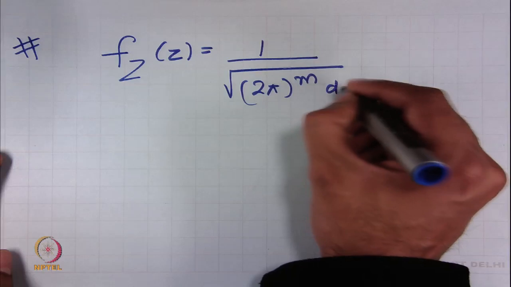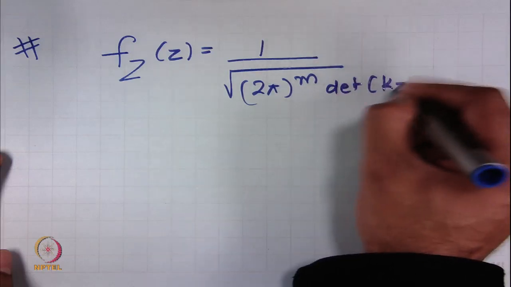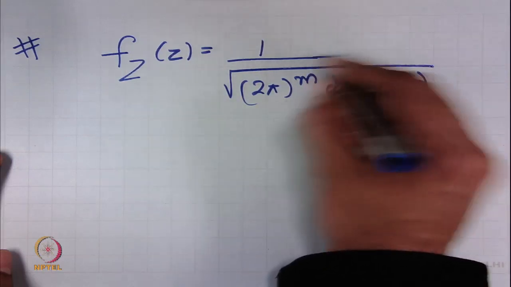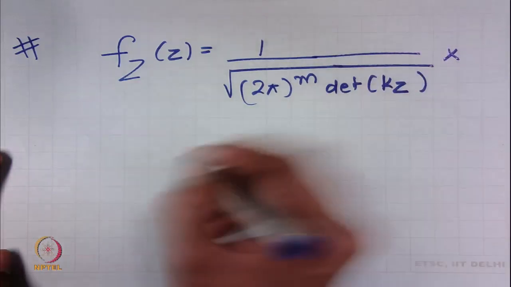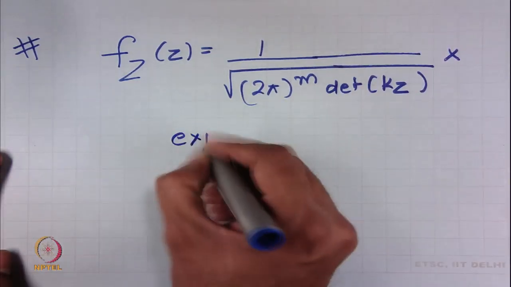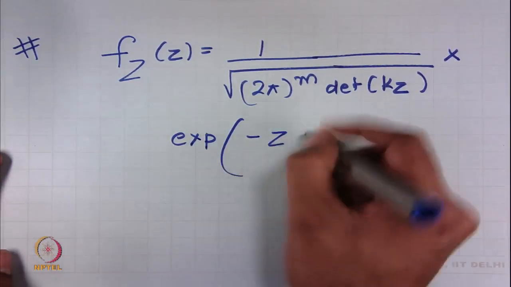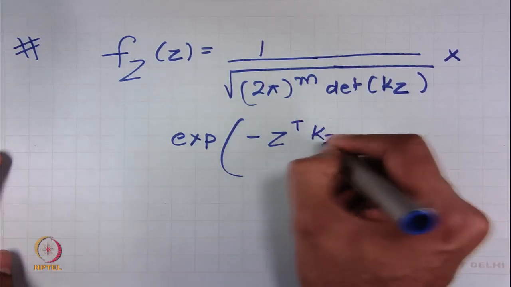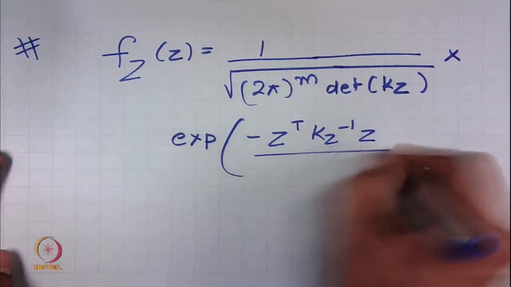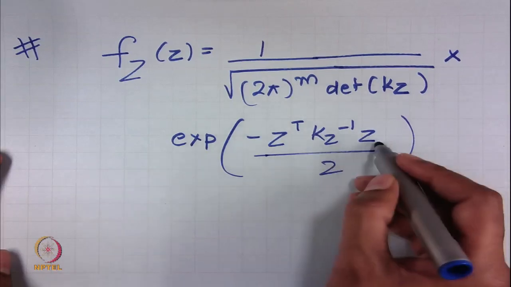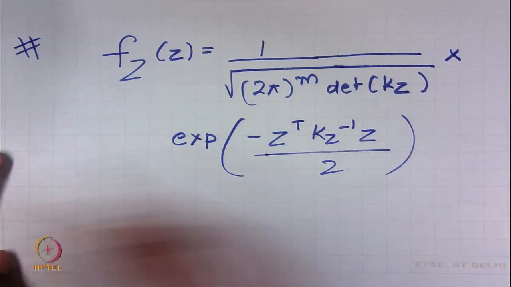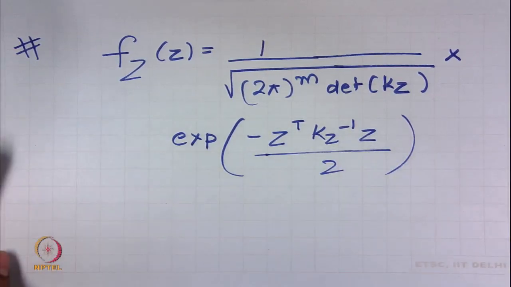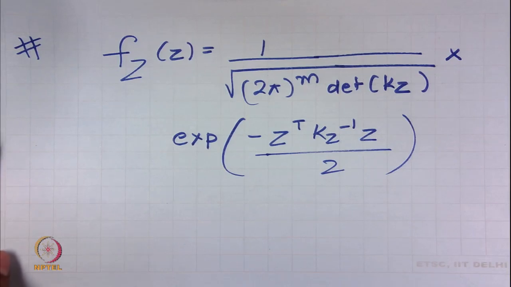I am rewriting this time and again, so that it gets imprinted in your head. So, this is the expression, and remember that these z are small z's, right, they denote the numerical values rather than the vector itself.